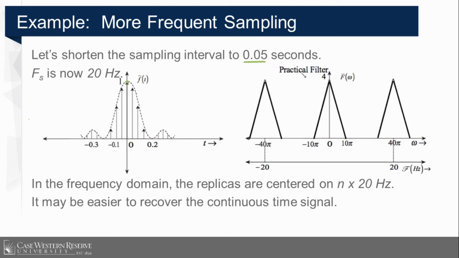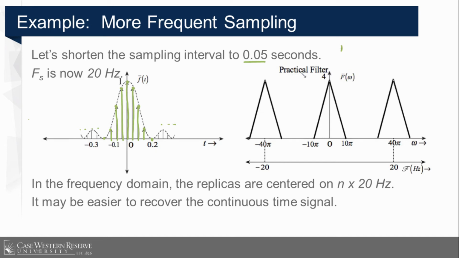All right, so we now have sampled points at 0 seconds, 0.05, 0.1, 0.15, 0.2, also minus 0.15, minus 0.1, and so on and so forth. I'm not going to draw the rest of them out.